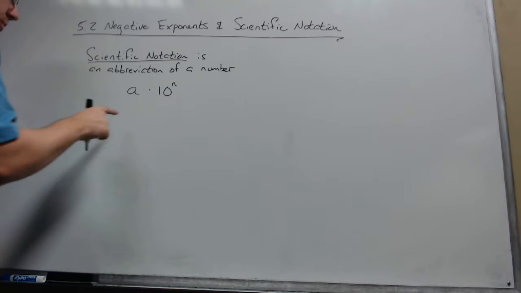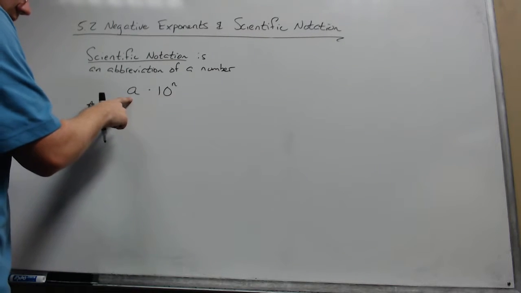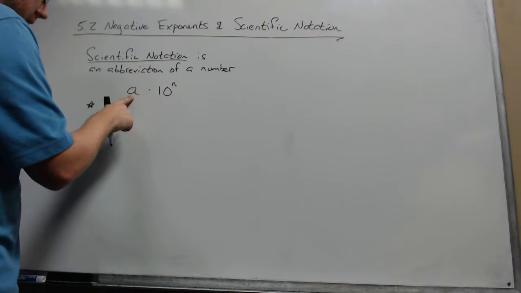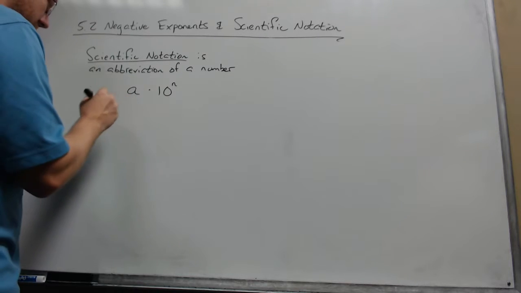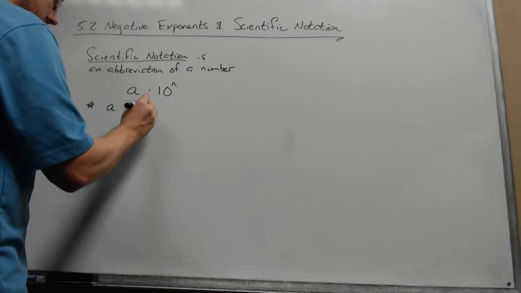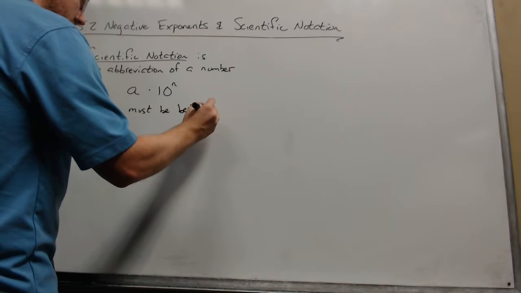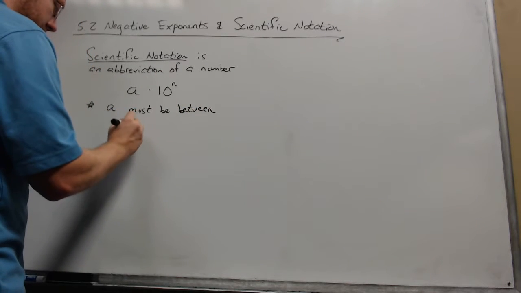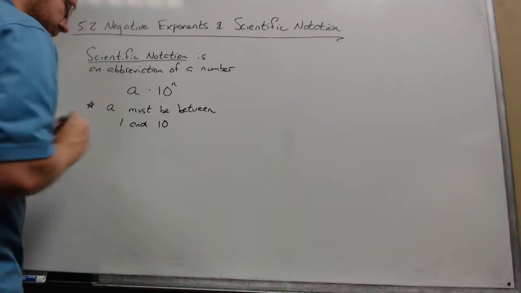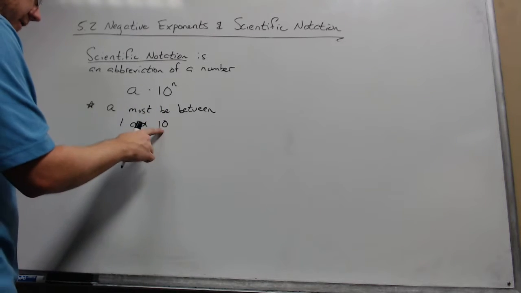Okay, so there is one rule to scientific notation, and it revolves around what we're allowed to use A as. In our scientific notation problems, we're going to make sure that A must be between 1 and 10. A is allowed to equal 1, but it's not allowed to equal 10.